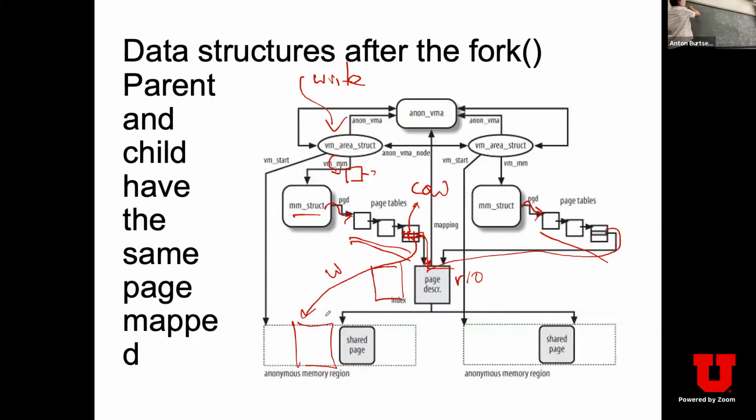Yeah. So then there will be two address spaces, right? I will draw them here. There will be two address spaces with two identical VMAs. VMAs will be created for the parent and a child. The page tables will also be created for the parent and a child.